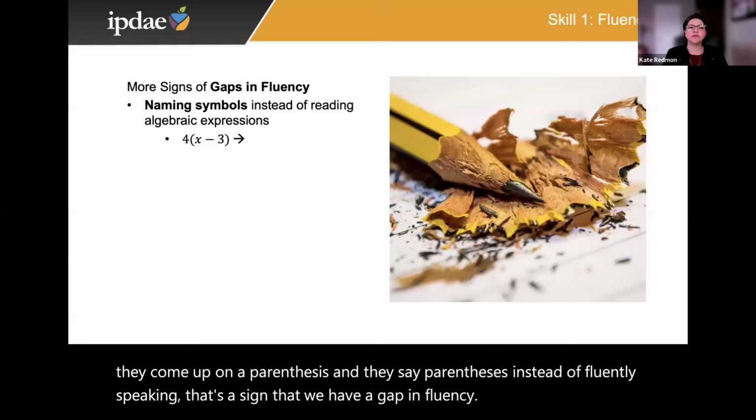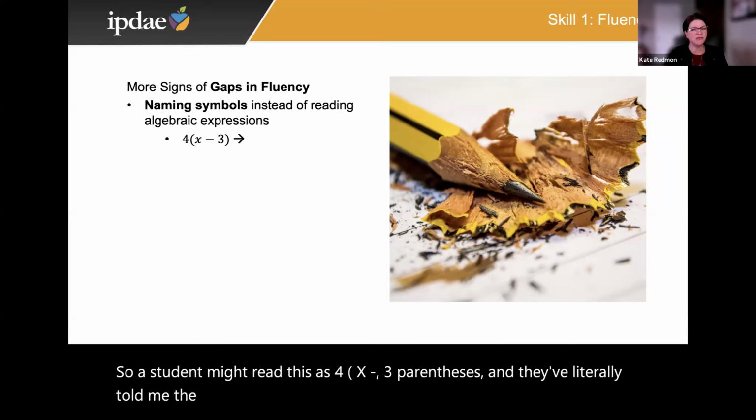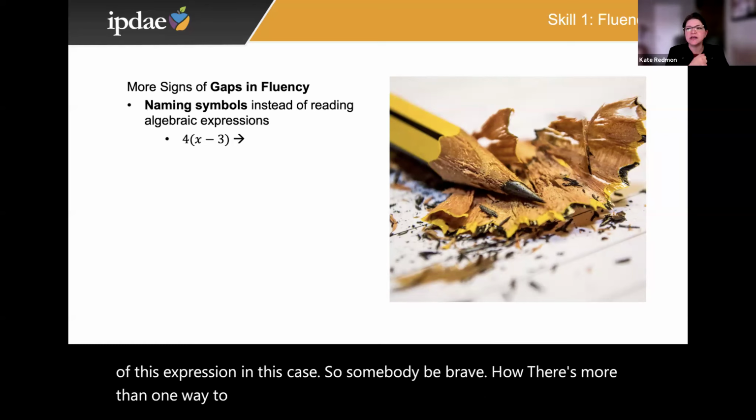So a student might read this as 4 parentheses x minus 3 parentheses. And they've literally told me the name of each symbol, but they have not told me the meaning of this expression in this case. So somebody be brave. There's more than one way to do it. What's a way that you would expect your students to be able to read this?